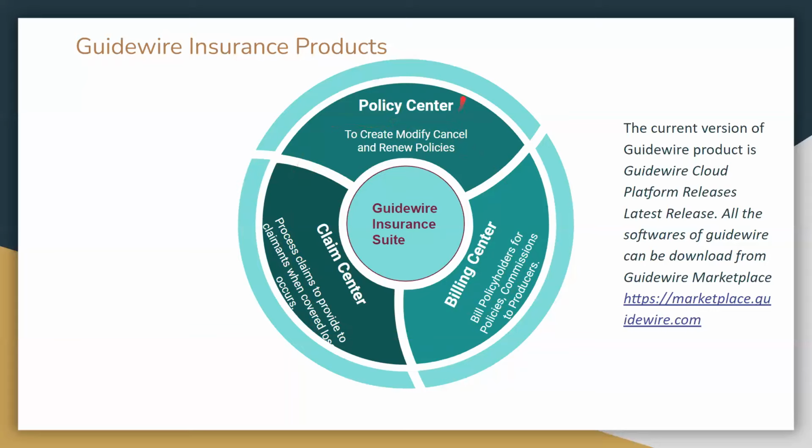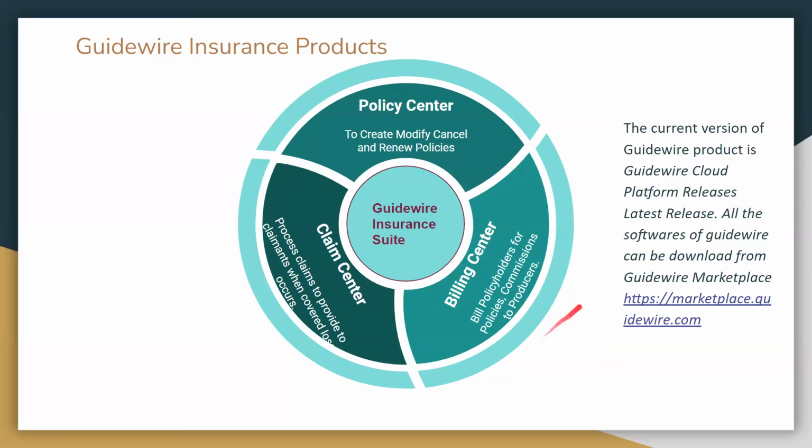PolicyCenter is usually used to create a policy, modify it, cancel it, or renew it; everything is done through PolicyCenter itself. If any claim needs to be raised on the policy, that is done through the ClaimCenter team. They have a different web application to create a claim on top of the policy. Anything related to payments, like credit card payments and EFT, as well as agent related information, is all dealt with through BillingCenter.